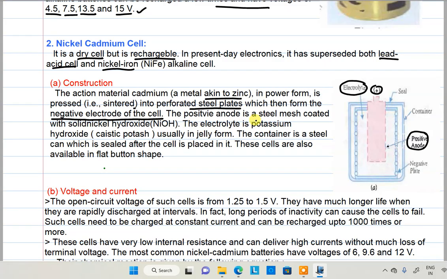The positive electrode is a steel mesh coated with solid nickel hydroxide. The electrolyte is potassium hydroxide, usually in jelly form. The container is steel, which can be sealed after the cell is placed. These cells are also available with a flat bottom surface. Okay, this is about the construction.